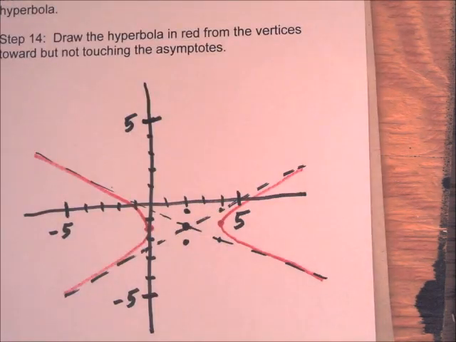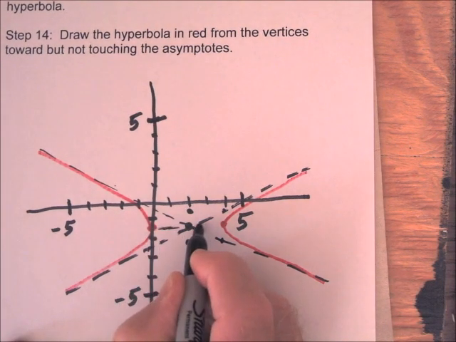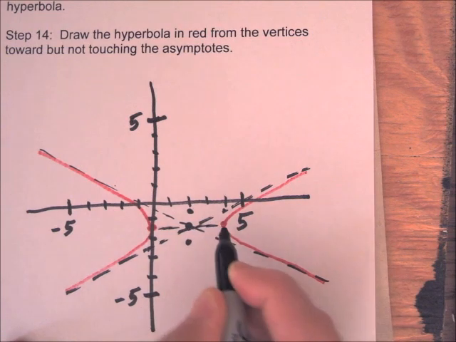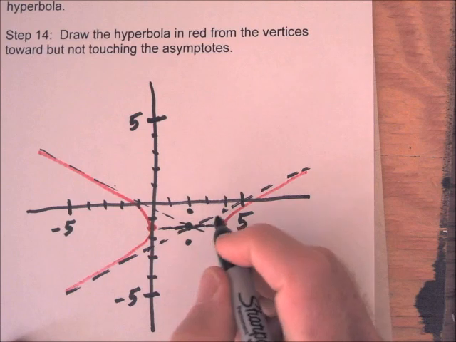So if you go from the center along the transverse axis, this is the transverse axis here. If you connect the two vertices, that's the transverse axis.